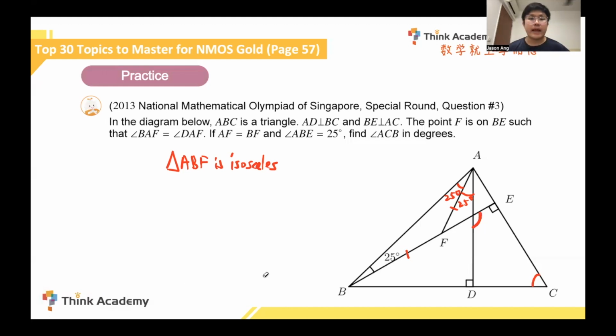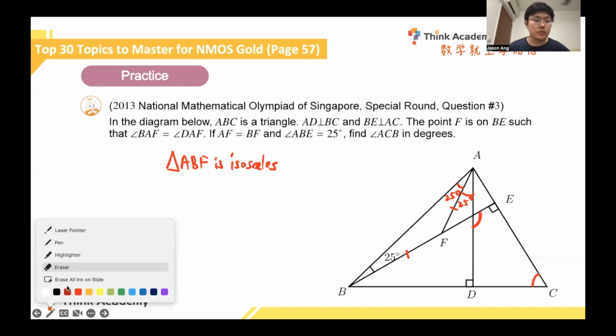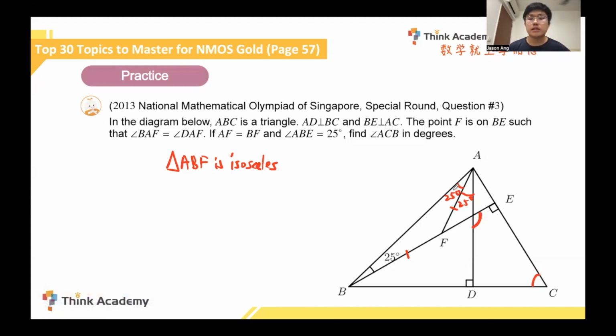Oh, wait, that angle, where did the angle come from? So we can actually see this angle can be determined from the angle just vertically opposite to it. Let's call this, in this case, A, B, C, D, E, F. We don't have a G, so we use the letter G. Let's try to go and find the angle AGB.